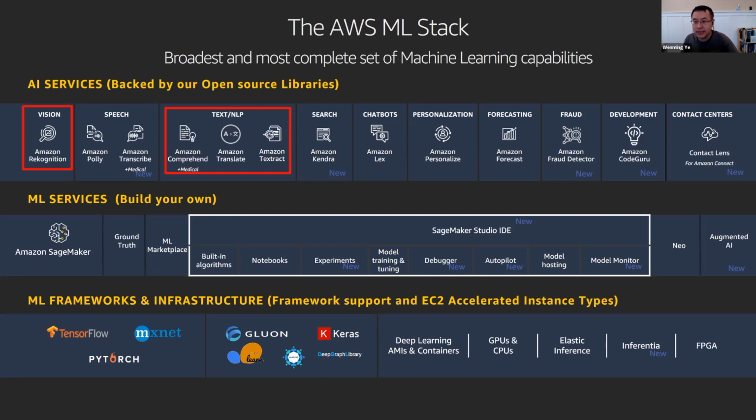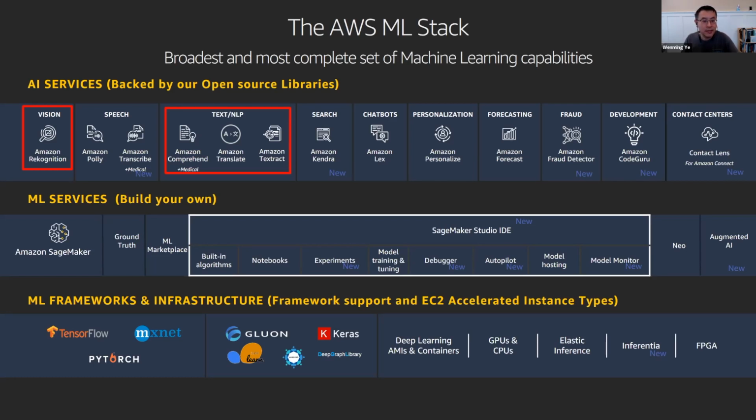But the existing ones include Personalization, that's the recommendation systems, and fraud detection, which works really, really well. In fact, we'll have some new services coming. And of course, there's CodeGuru, which turns out to be very useful for our developers to catch code bugs, among other things.